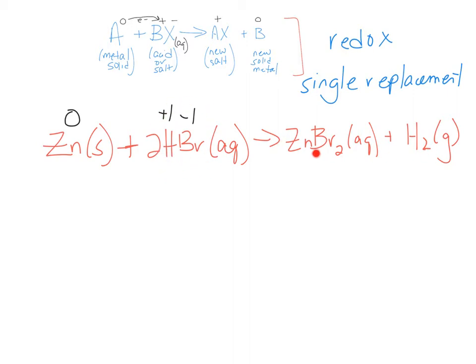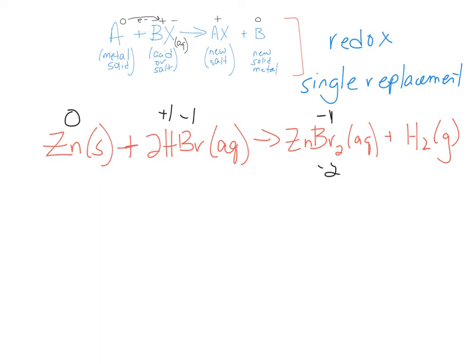Let's see what happens on this side. Over here, I'll keep it in black. Bromine is still usually -1, so we're going to assume it's -1, and we have 2 bromines here. So that means we have an overall charge here of -2.